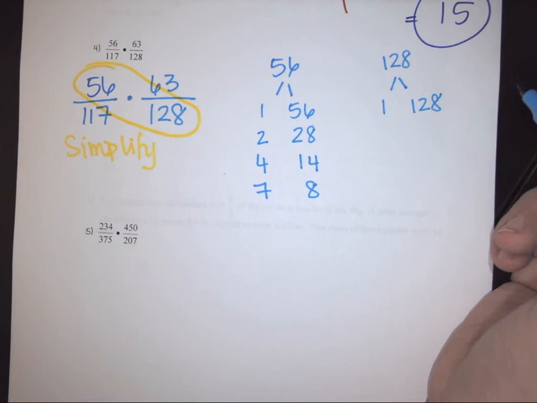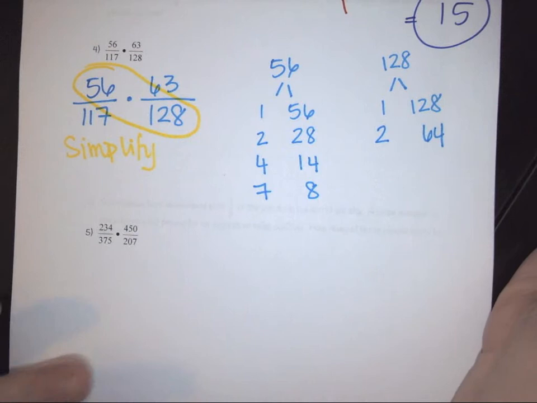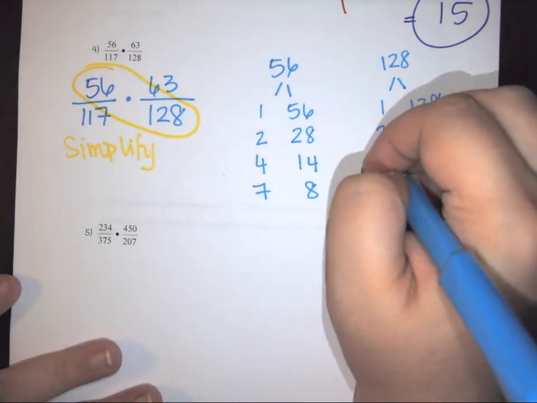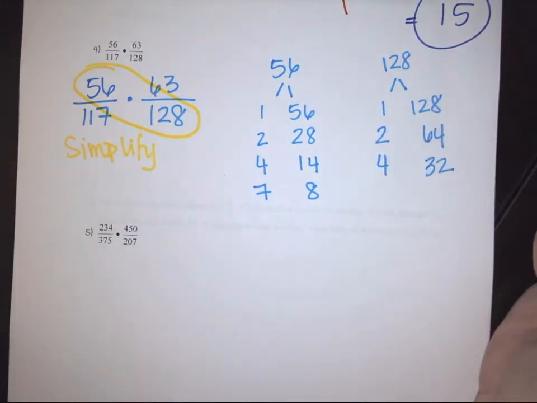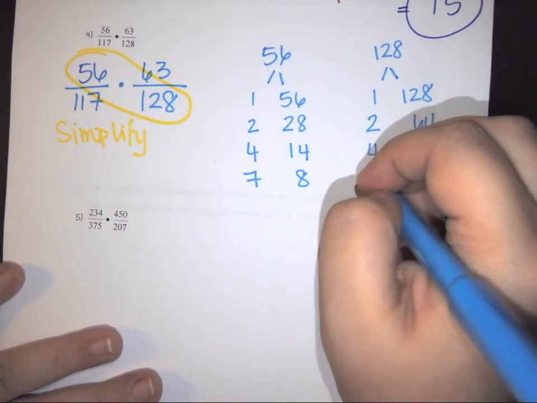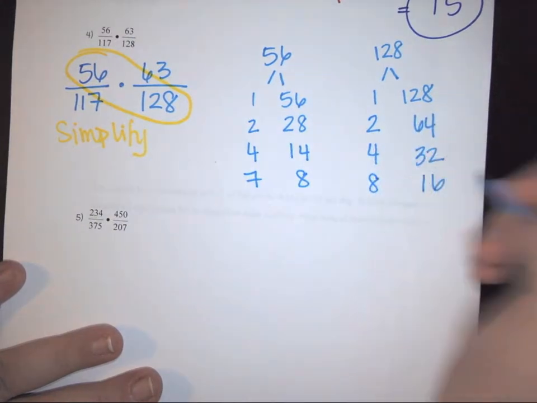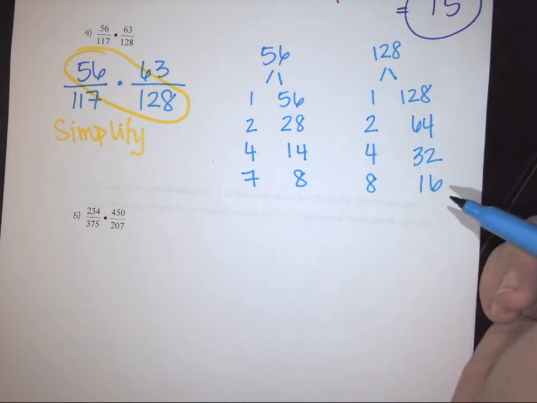So if I look at 128, it's even. So I have 2 and 64. The next thing that I have is I know I can pull out a 4, which is going to give me 32 as a result. I then also know that if I pull out an 8, I get a 16. I can then look at 14 as well as 28 and 56.